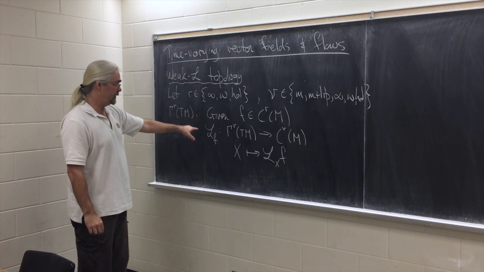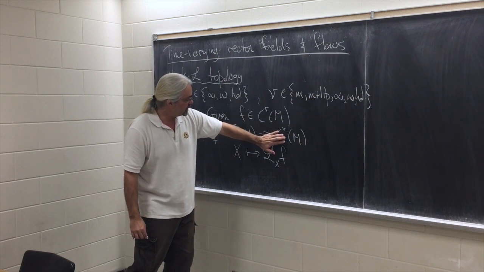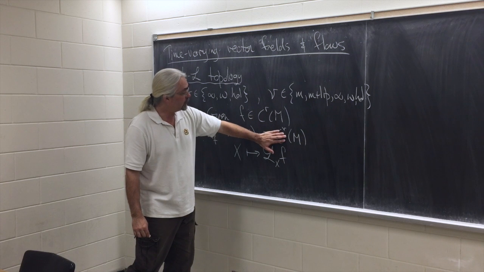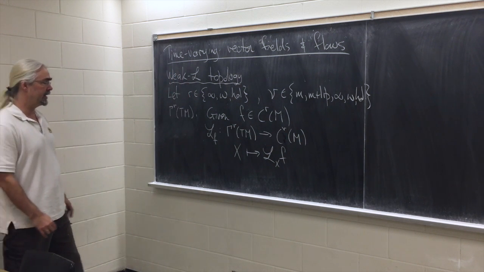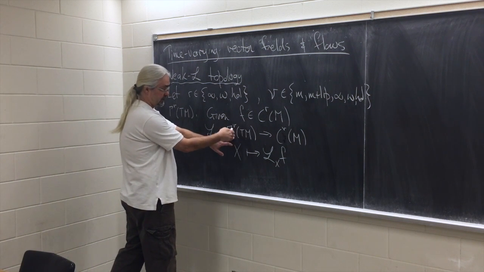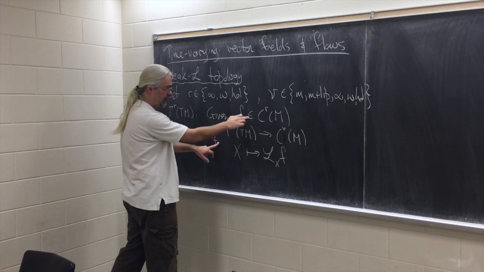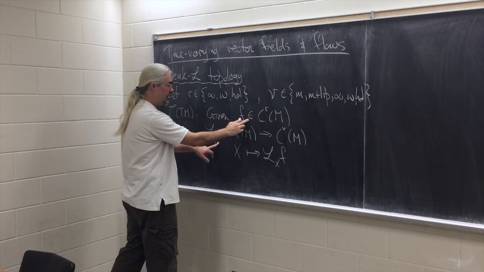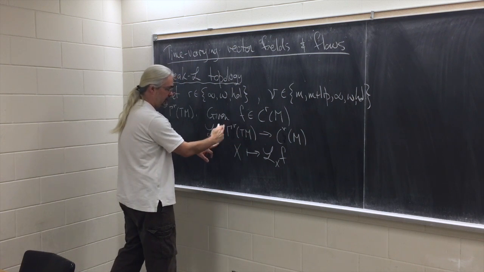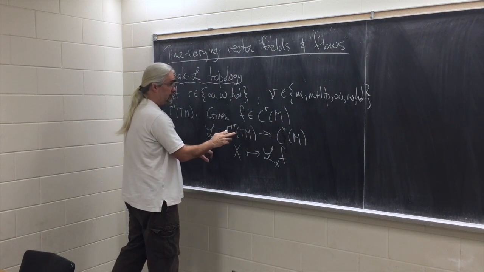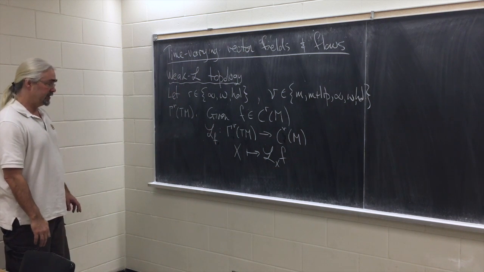You have this family of mappings. And we're going to regard the space of C^nu functions on M as a locally convex space, just a vector space. And so for this family of mappings L_f, where f runs over all C^r functions, you get an initial topology here, which is the coarsest topology for which all of these mappings are continuous.